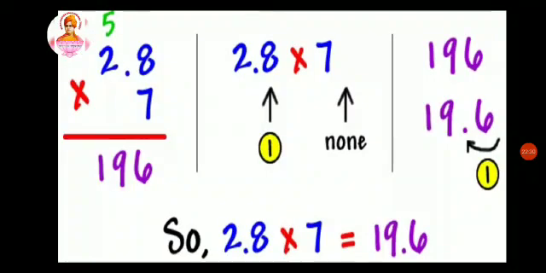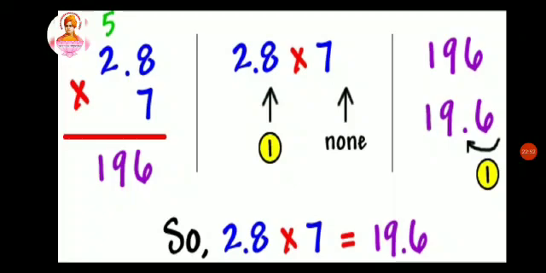How can we multiply a decimal number by a single digit number? The same way you normally perform the multiplication, you can perform here also. You just forget the decimal point in the question given. So 28 multiply 7, you will get the answer 196.